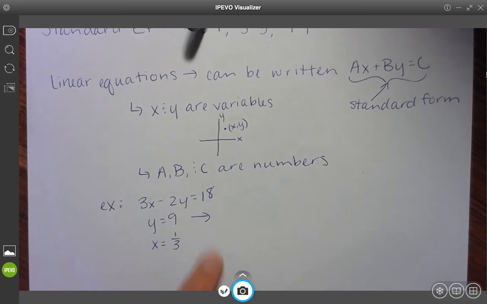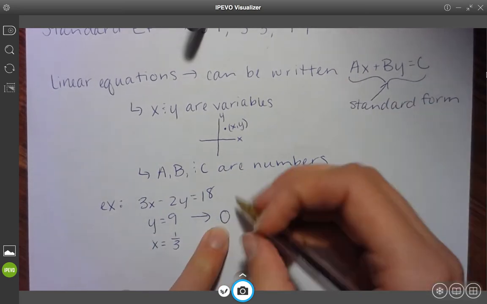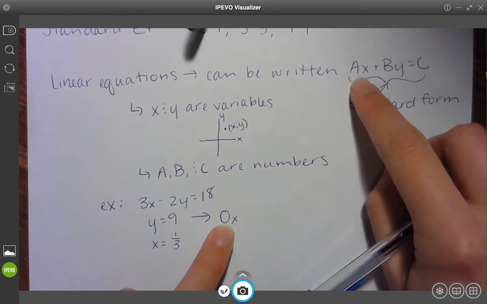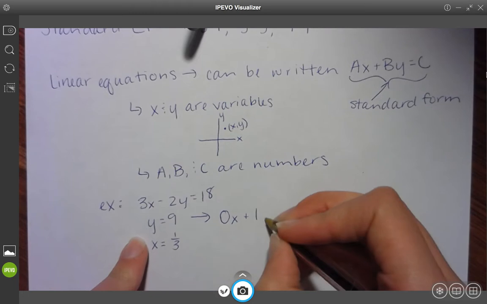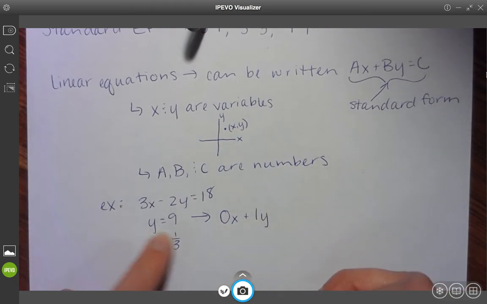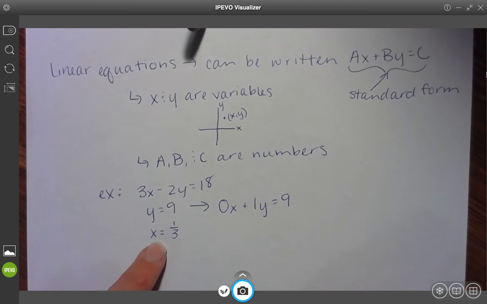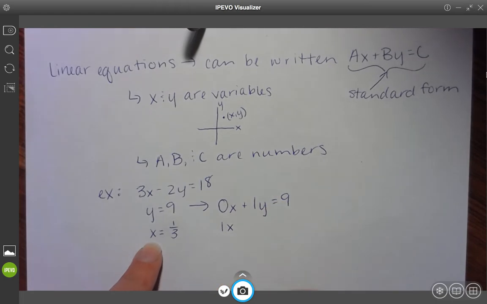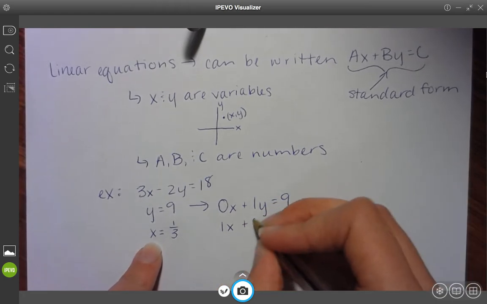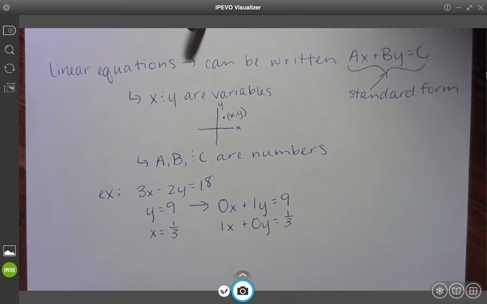We don't have an x here because our value of a is 0, since 0 times x is 0. The value of b would be 1, because we have 1y equals 9. For the last one, there's a 1 in front of x, because it's 1x, and the y is not showing up, so there's a 0 in front of the y, and c is 1/3.